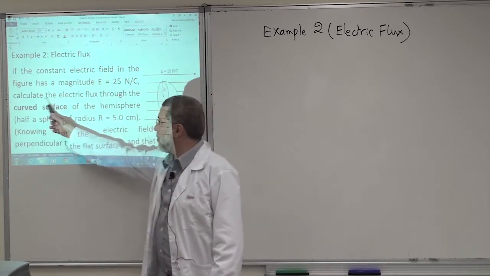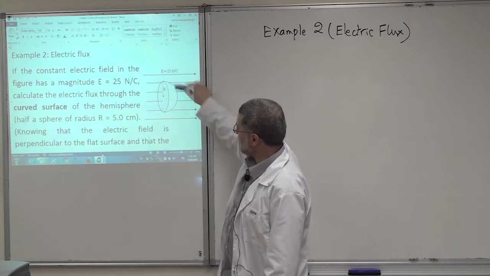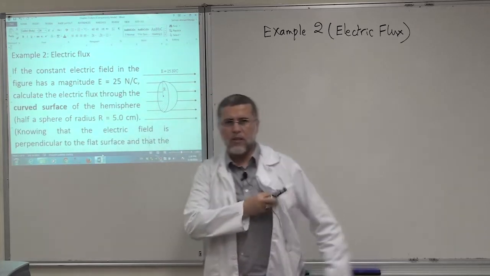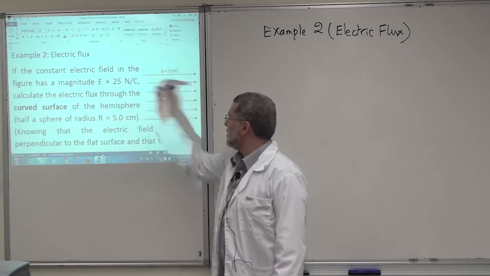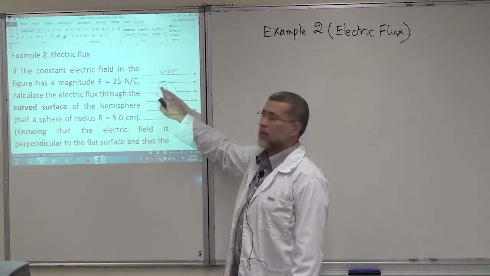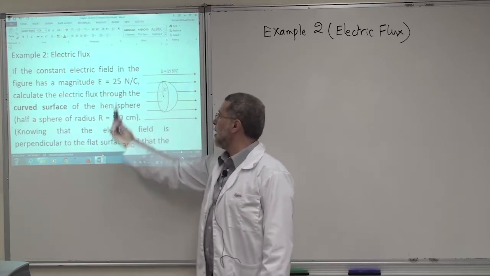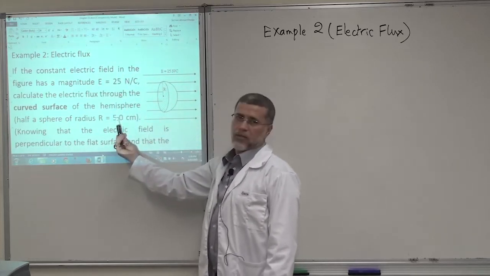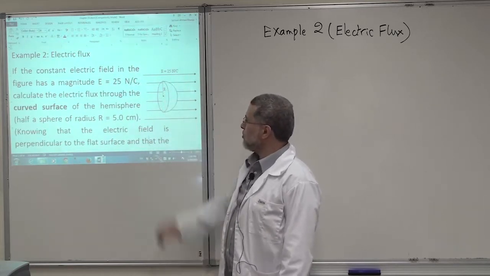You're asked to calculate the electric flux through the curved surface of the hemisphere. Remember I gave you the example of the hemisphere a few minutes ago? Now the electric field is coming from outside. There's no charge in the hemisphere itself. There's, of course, a plate here with positive charge which is creating this uniform electric field.